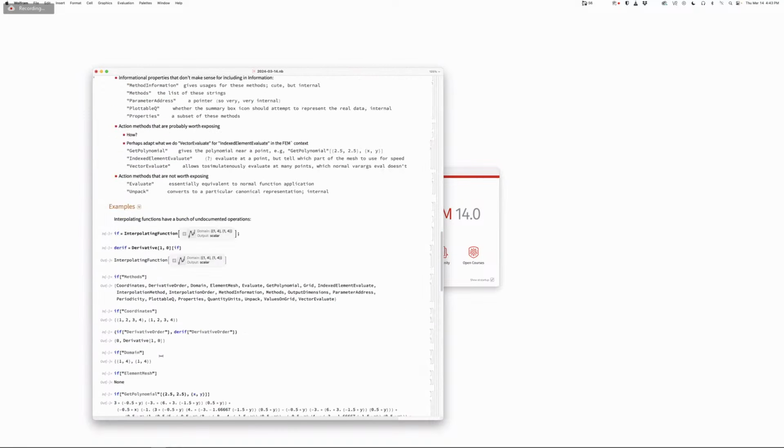So do IF vector evaluate, say, random real of 1, comma, make an actual list of points instead of just a single point in 2D. Okay. And that's the case where we can be much more efficient evaluating that. Sorry, so you're saying you want 10, comma 2. Exactly. Okay, so it's IF of this.